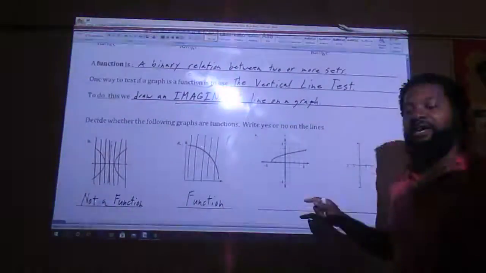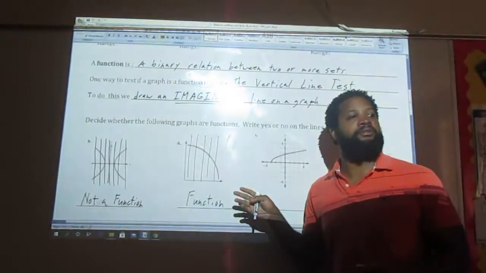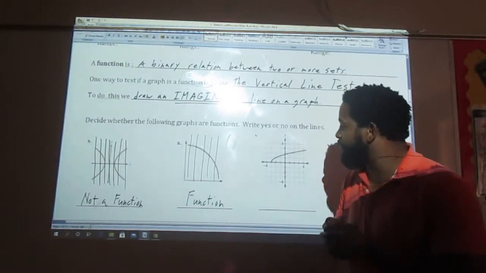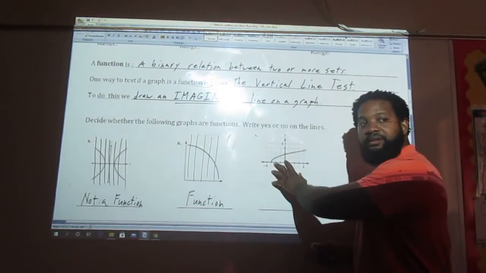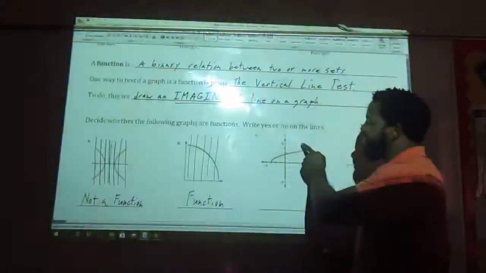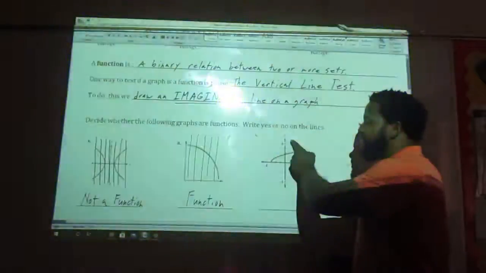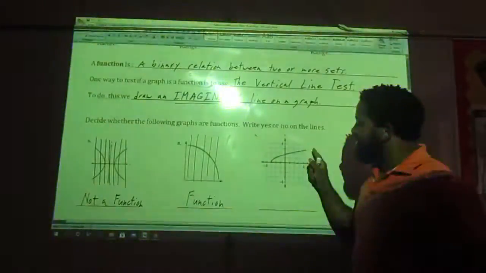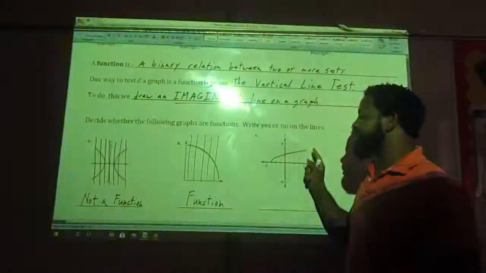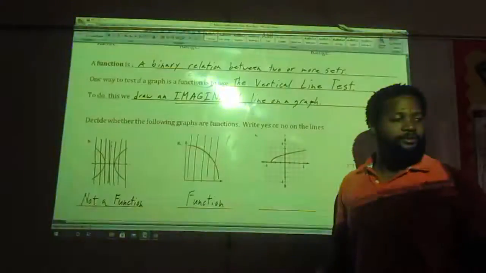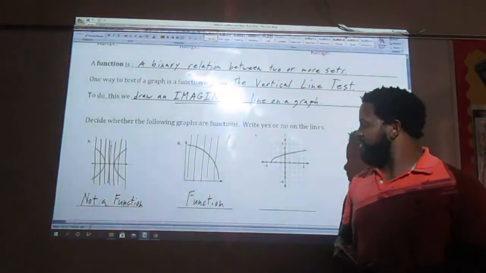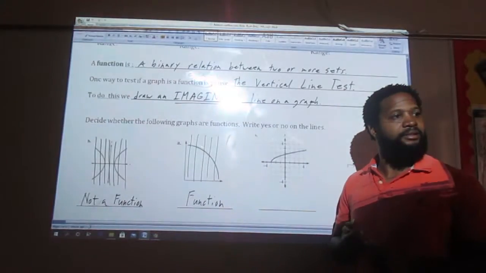What about this one? And it's relatively simple to do the imaginary line test because, naturally speaking, if you're looking at this on a coordinate plane, you could just use all of these lines as the imaginary vertical lines. So, is this hitting each and every one of these lines once or twice? Once. So, is this a function?